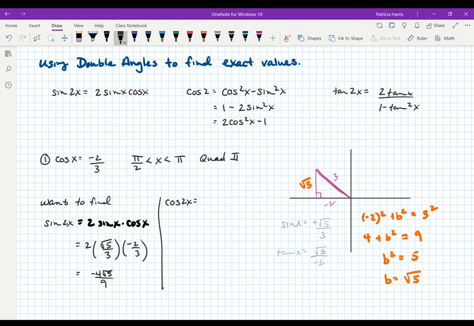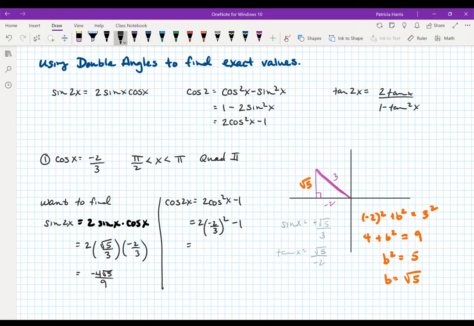Now for cosine, notice that cosine has 3 different forms, so you can actually choose which one you want to use. Let's say I don't want to deal with radicals today, so I would go for the third one. So 2 times negative 2/3 squared minus 1.